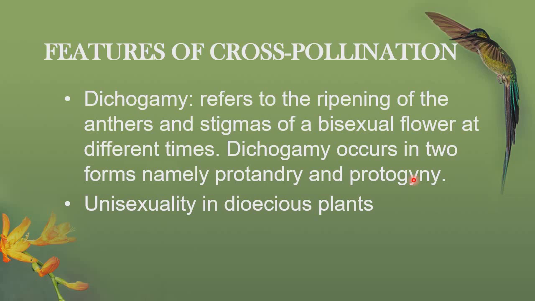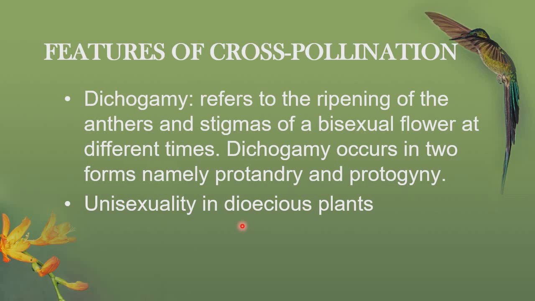Dioecious plants are plants in which the male and female sex organs or gametes are borne on different plants. Remember, di means two. They are borne on different plants. The anthers are borne on one plant, while the stigmas are borne on another plant.